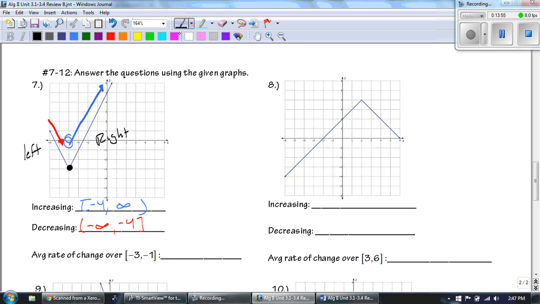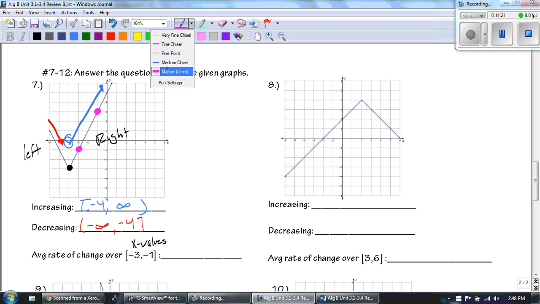Okay, so now they want us to find the average rate of change between these two x values. So at -3, we're right there, and -1, we're right there. Oh, sorry, that's not -1.